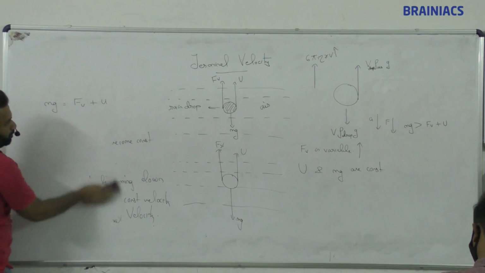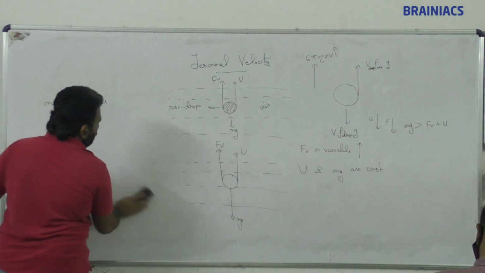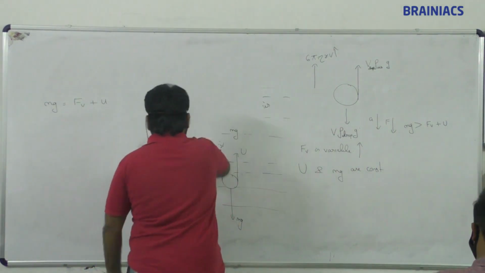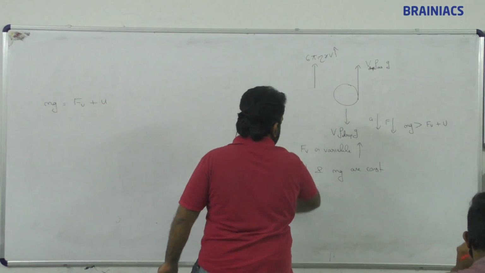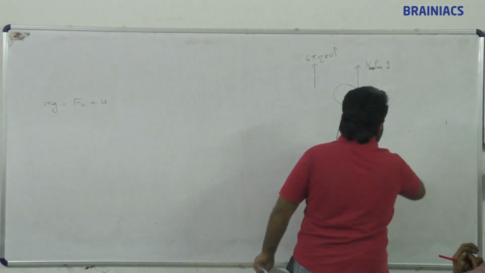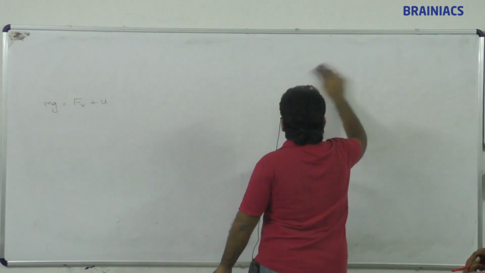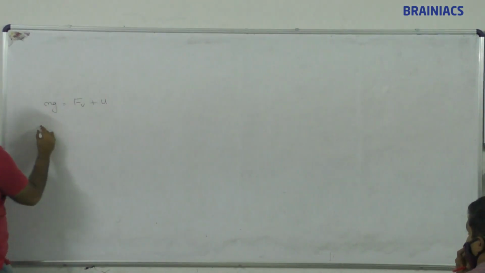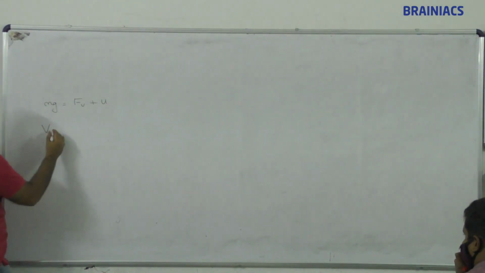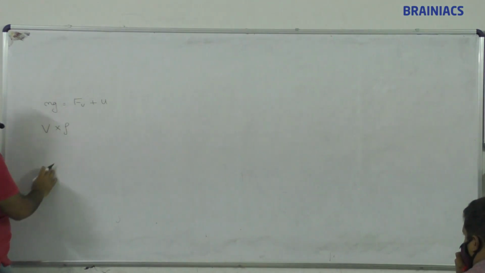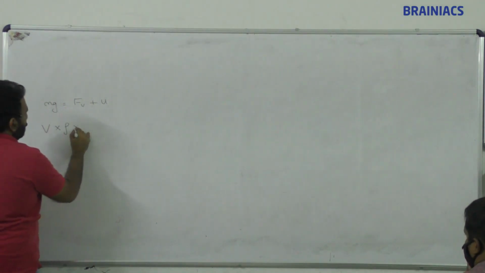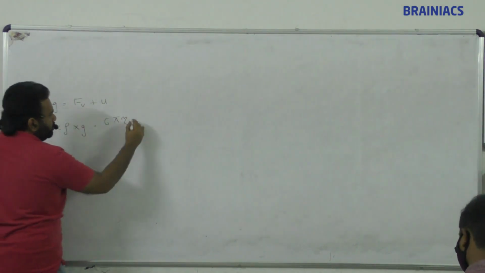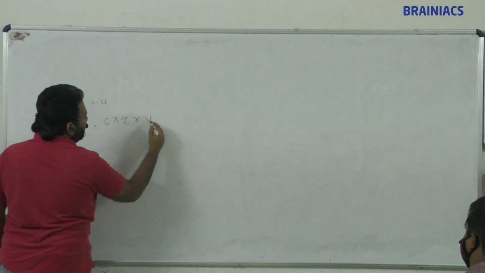So the volume of the drop into g is equal to 6 pi eta r v, and here I am putting this as t.